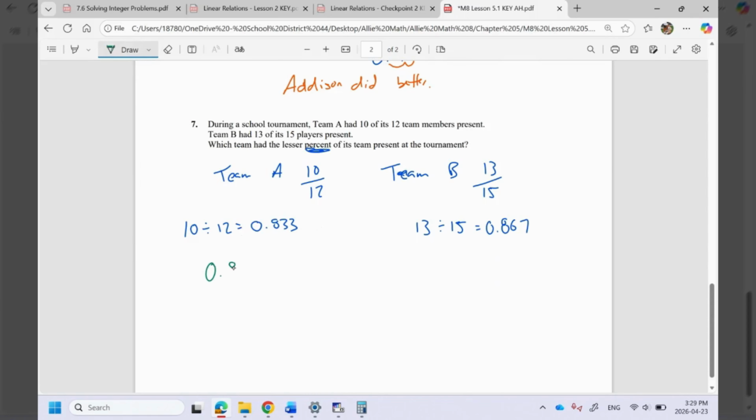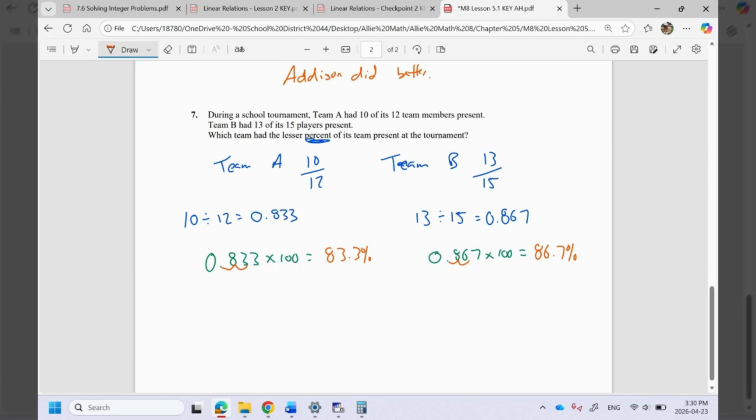So 0.833 times 100 and 0.867 times 100. So each of these, we're going to move the decimal place over to the right. And so we'll have 83.3% of Team A was there, and 86.7% of Team B was there.